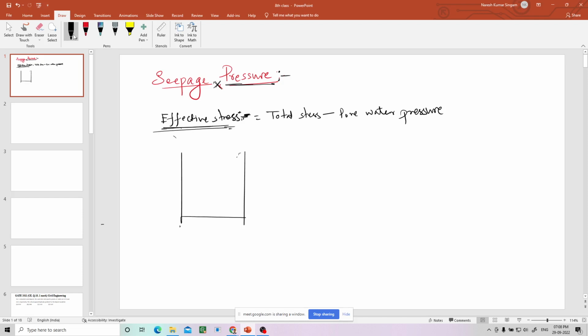Let us consider there is a soil here, and above the soil we are keeping some water.